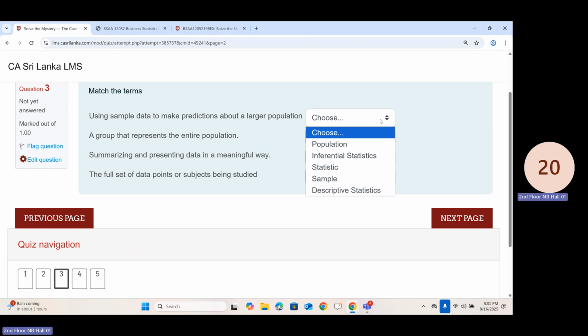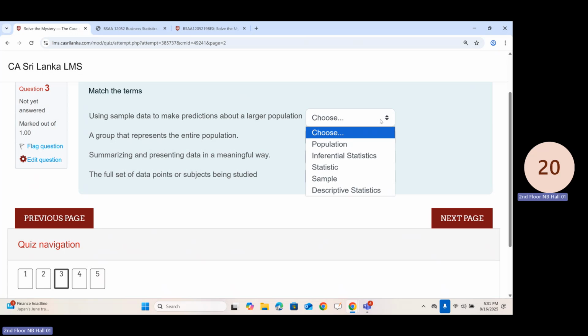We study two branches of statistics. In inferential statistics, we take the sample from the population, then we study the results of the sample, and we can make a conclusion about the population. Then the second one, a group that represents the entire population: sample.